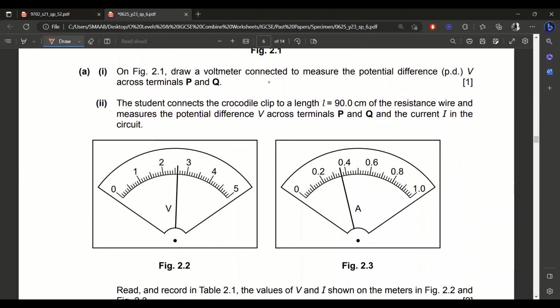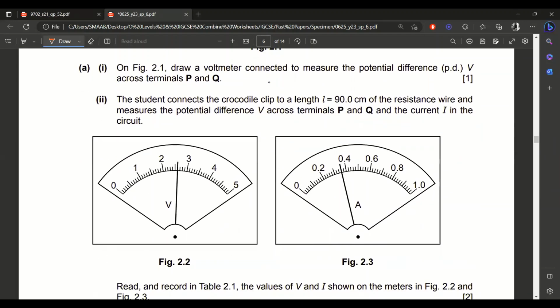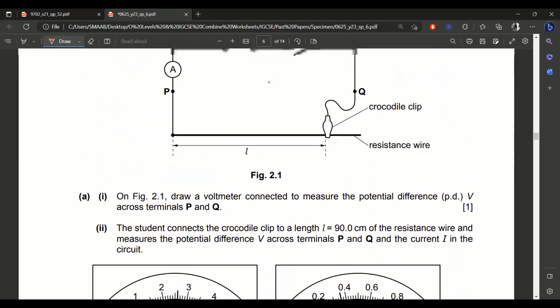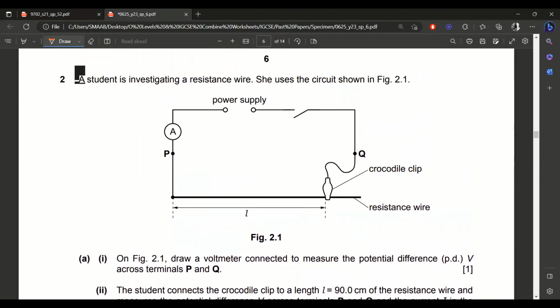Starting from the first part, on figure 2.1, draw a voltmeter connected to measure the potential difference across terminals P and Q. So we have to connect the voltmeter. How do we need to connect the voltmeter in the diagram?